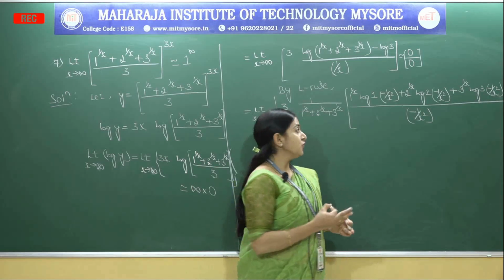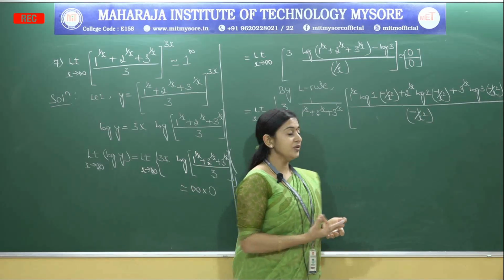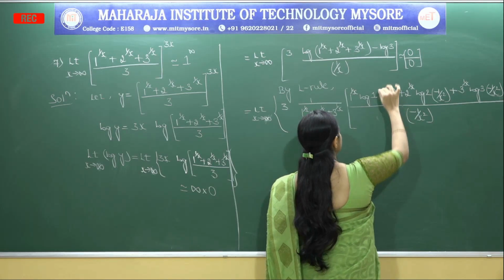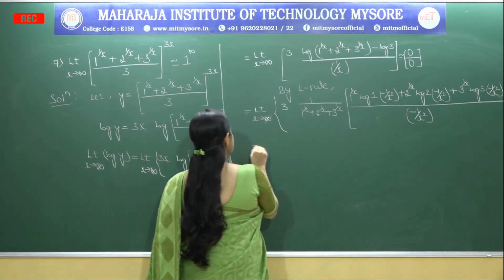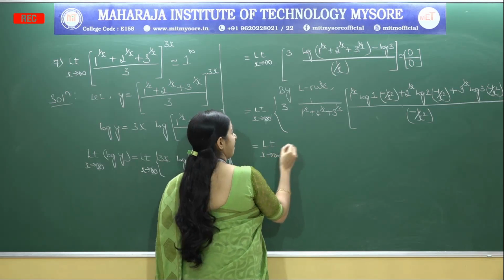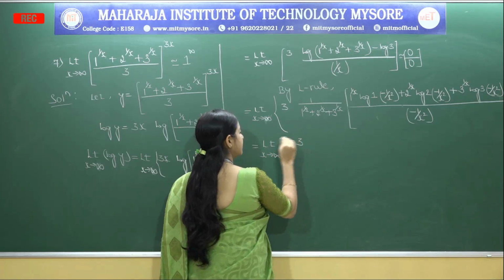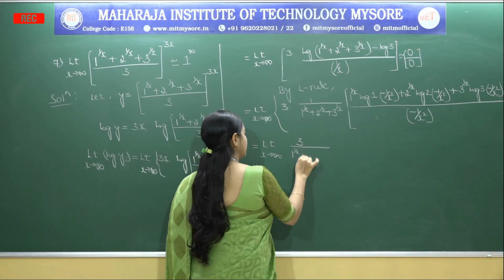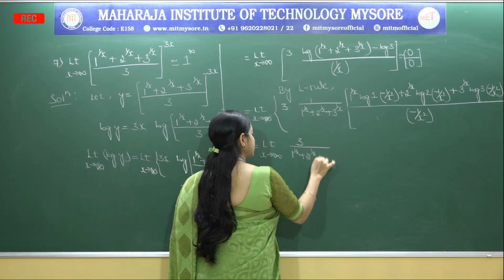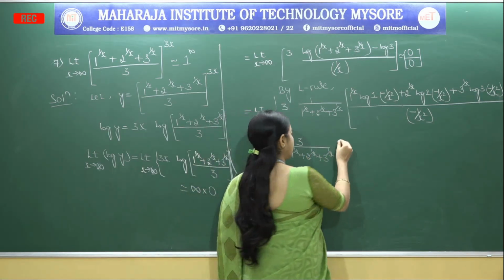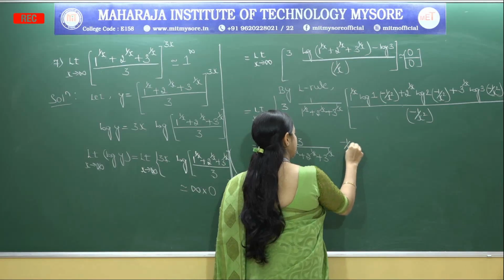Since minus 1/x square is common, you can take this term outside, then cancel with the denominator. So this equals the limit as x tends to infinity, keep the 3 as it is, in the denominator part 2^(1/x) plus 3^(1/x). Take the minus 1/x square outside.